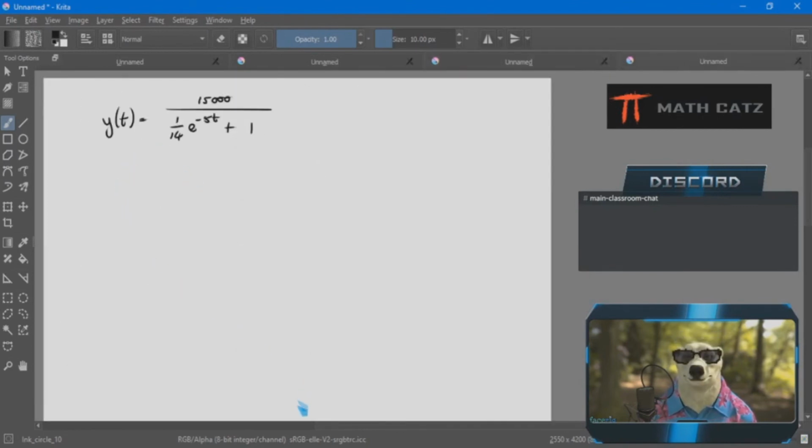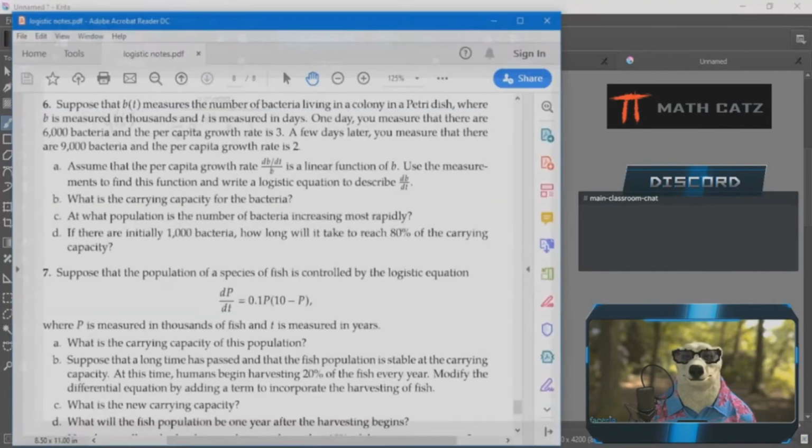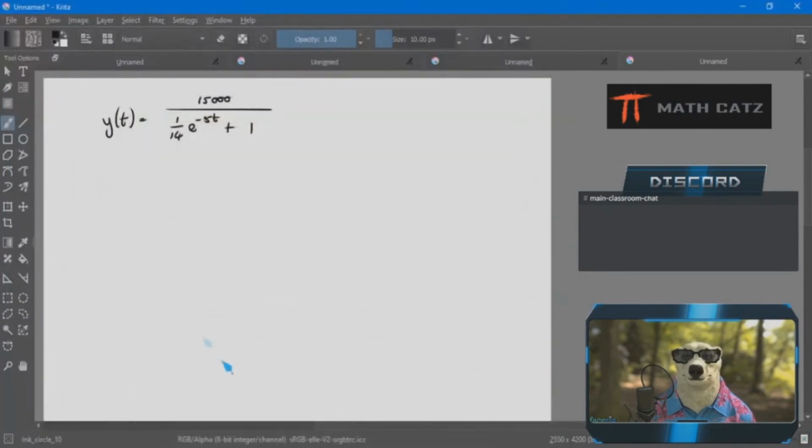There's our function. So we can go back here and ask, where did it reach the 7,500? When did it reach that maximum growth rate? You can use that, or we can stick to this question asking, how long will it take to reach 80% of the carrying capacity? So 80% of the capacity, which is 15,000.